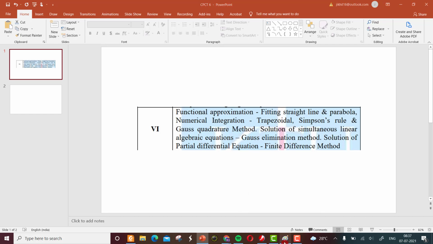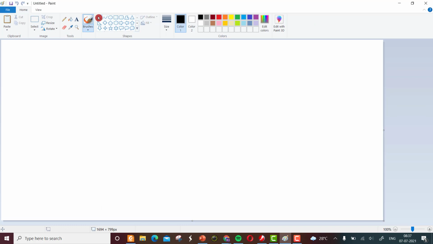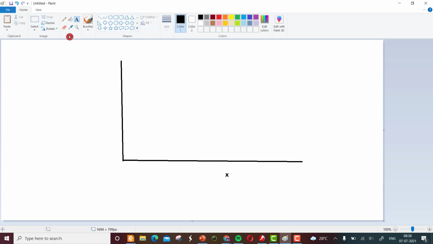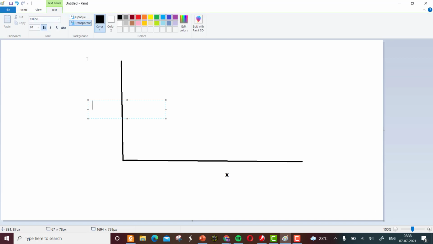So in the case of fitting the best straight line, say you have the x-axis here and the y-axis here.